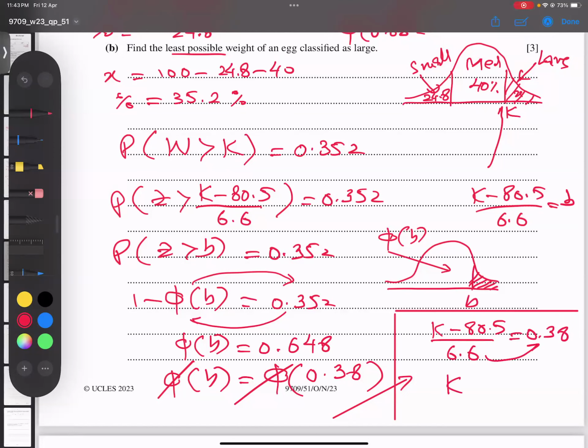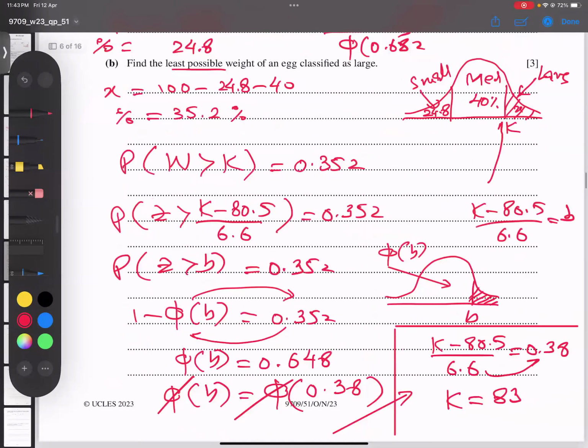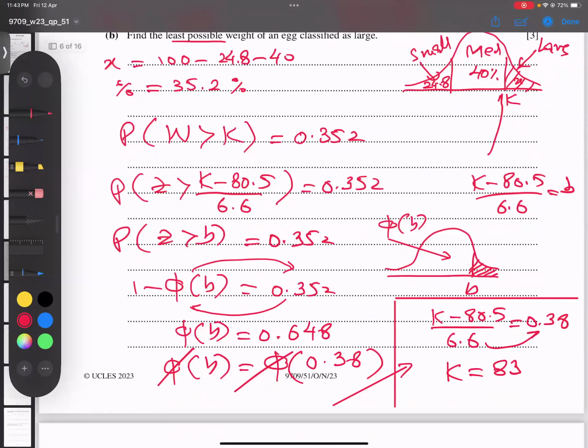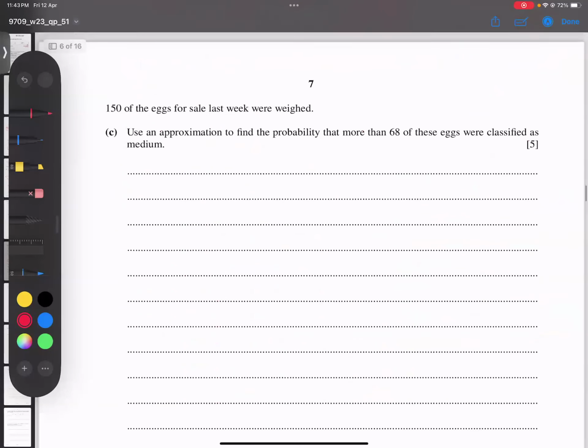The K value we're looking for is 0.38 times 6.6 plus 80.5, and the answer is coming 83. Because we talk about grams, so 83 grams. So I think you got my point very clearly, the concept is very clear. So let's go for the next question.